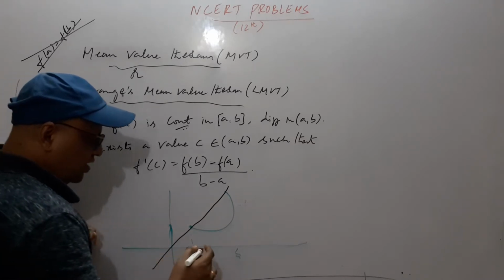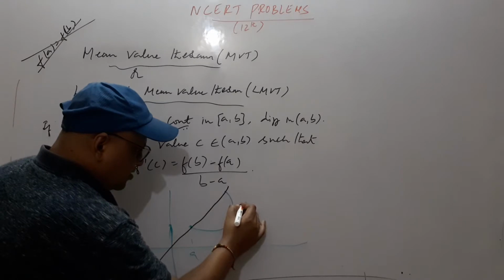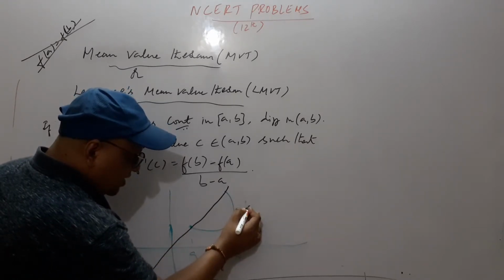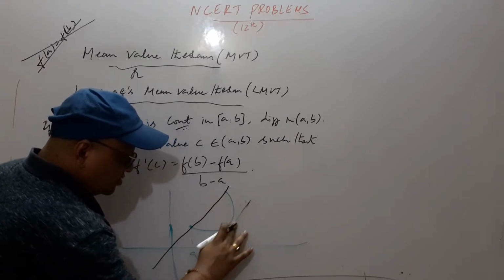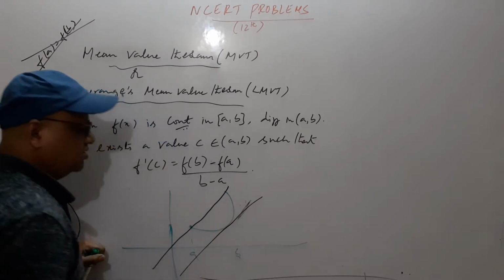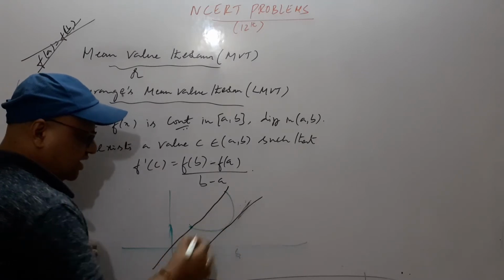Now I have the point C in between, which is parallel to the secant. So let me write a parallel tangent here. Take this point, draw the tangent. So this is the secant, this is the tangent.